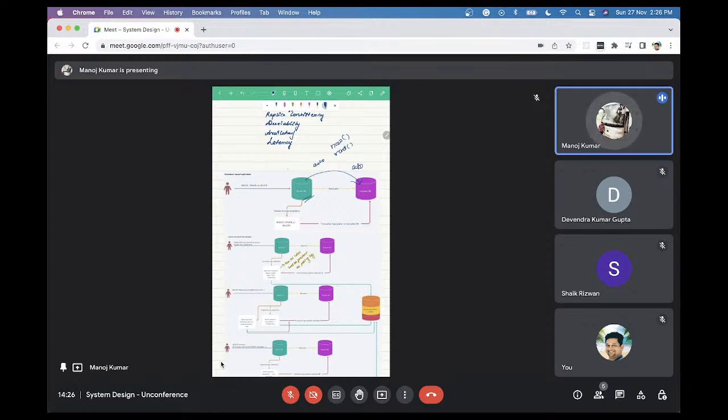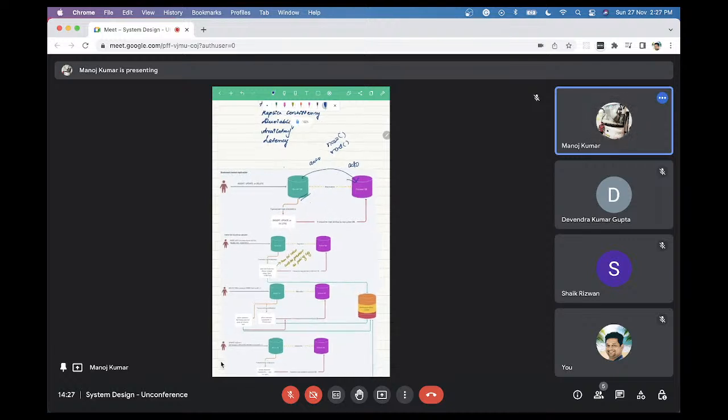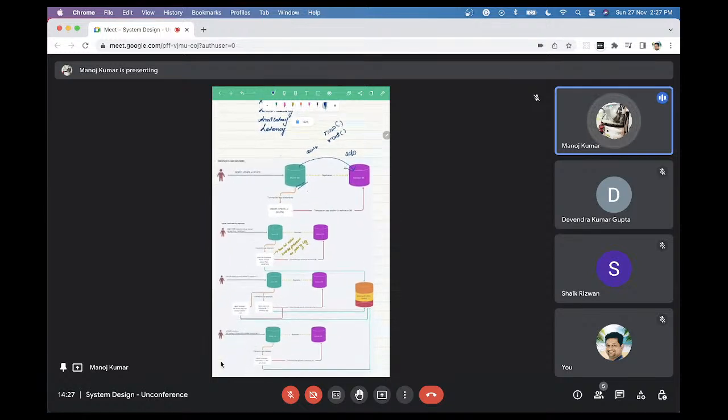So the problem with statement based replication is all these non-deterministic function problems. Any question on this before I move on to logical based log replication?